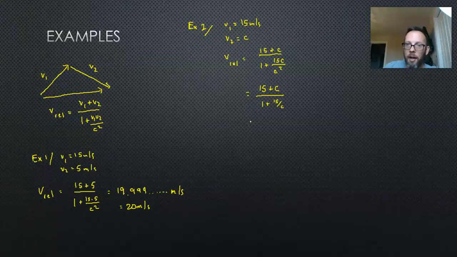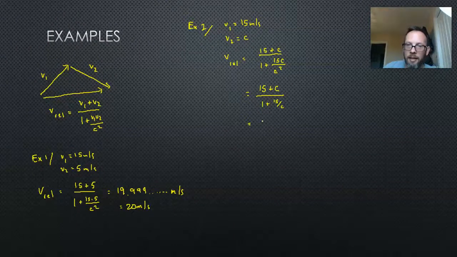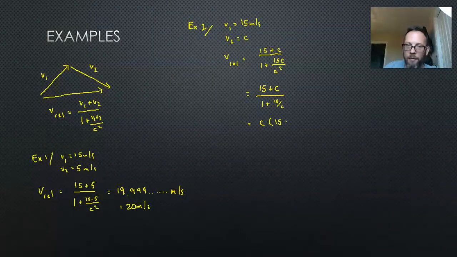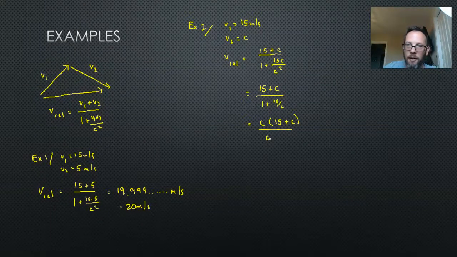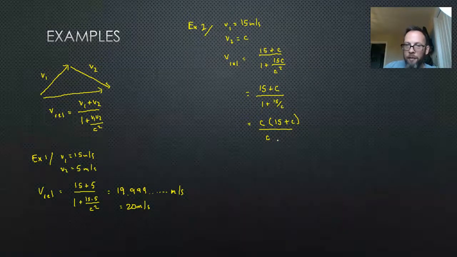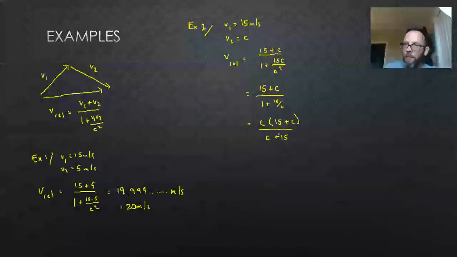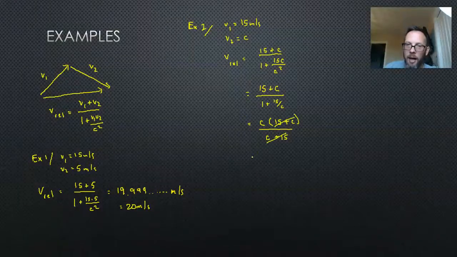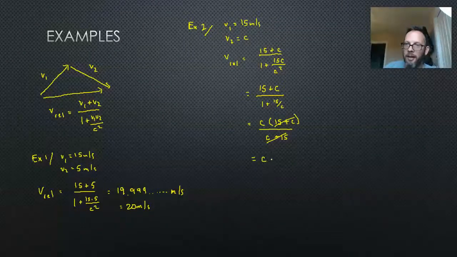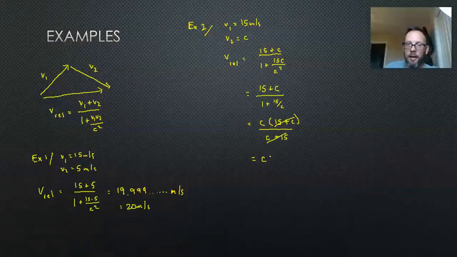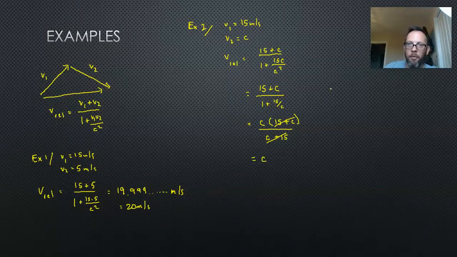If I multiply the top and bottom by c, I get c times 15 plus c. And on the bottom, 1 times c is c. c times 15 over c is 15. And 15 plus c and c plus 15 are the same thing. We actually get c. We get that upper limit. So isn't that cool? Let's try one more example just for fun.